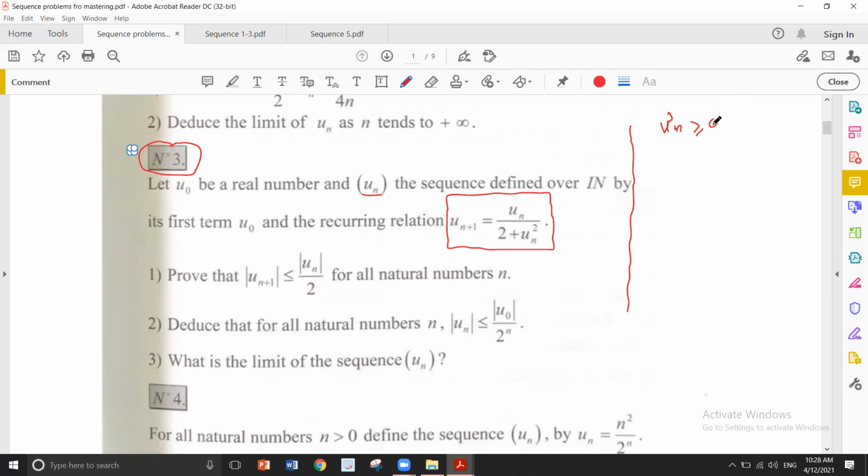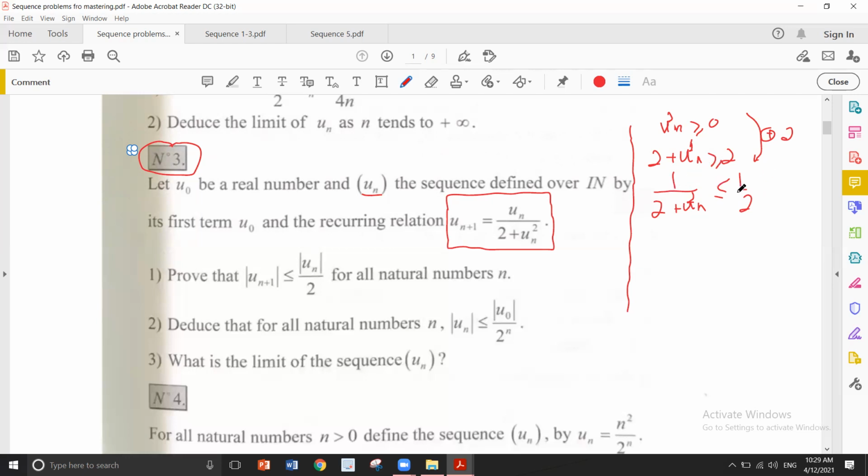If we add 2 to each side, 2 plus U squared N is greater than or equal to 2. نعمل reciprocal: 1 over 2 plus U squared N is less than or equal to half.